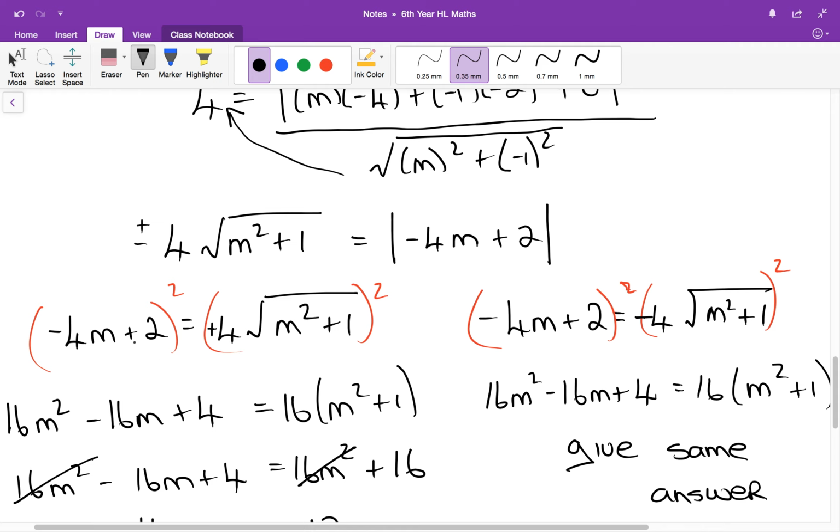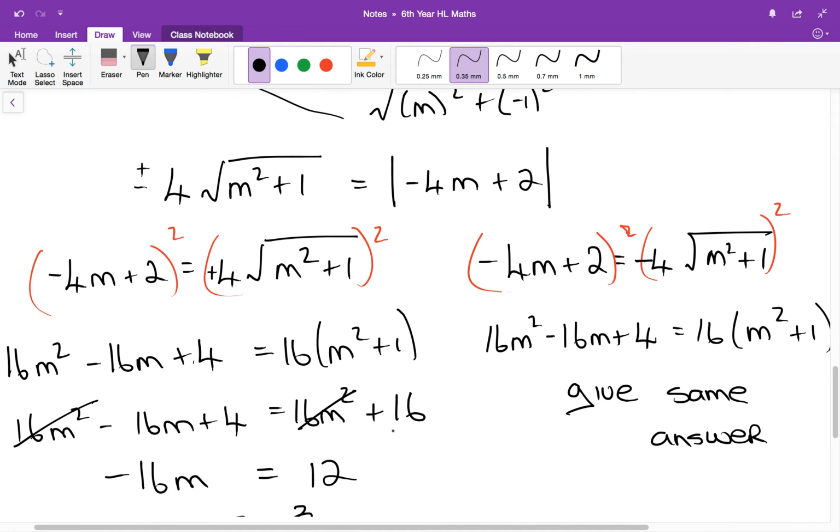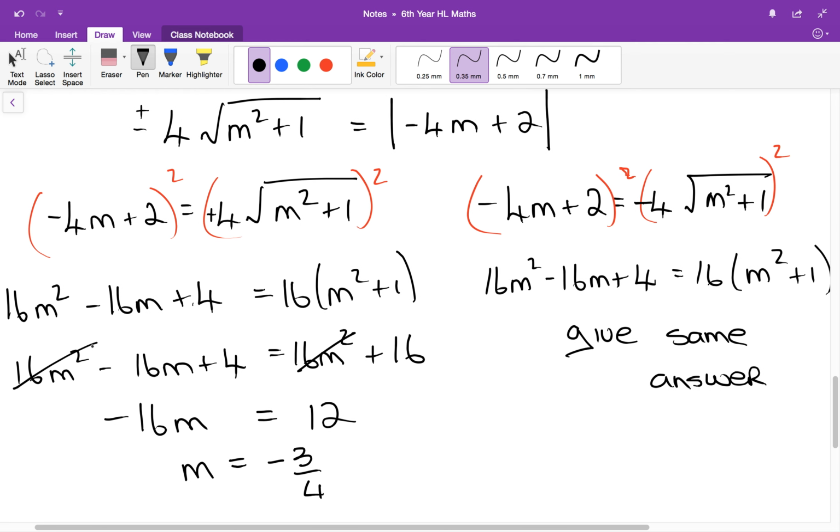So I squared out the left-hand side, 16 m squared minus 16m plus 4, and the right-hand side, which is 16 times m squared plus 1. Simplify that, and handily enough the m squares cancel, so it's not quadratic. I brought the 4 across and it became minus 4, so that's where the 12 came from. Divide by the minus 16, you get m is minus 3 over 4.